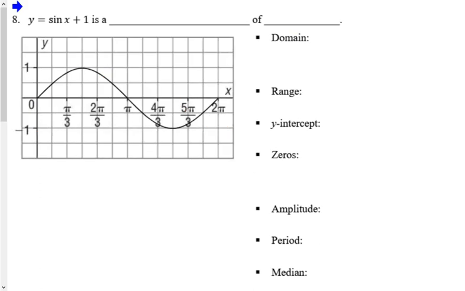Finally, we have this vertical translation or vertical displacement, which would be 1 unit up. And here, what we're going to focus on is how it affects the median, so that center line.